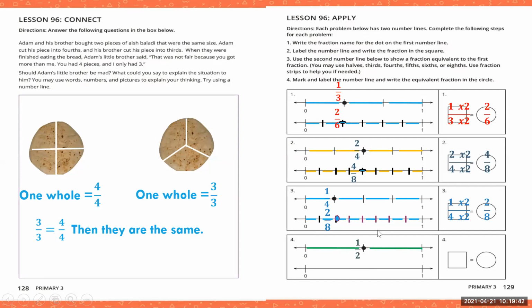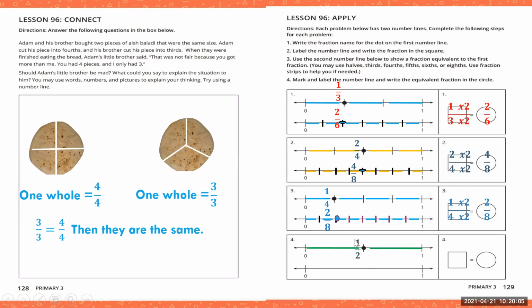Okay, focus with me, please. We have here 2 equal parts. Okay, this one and this one. This dot on what? 0 over 2, 1 over 2, 2 over 2.